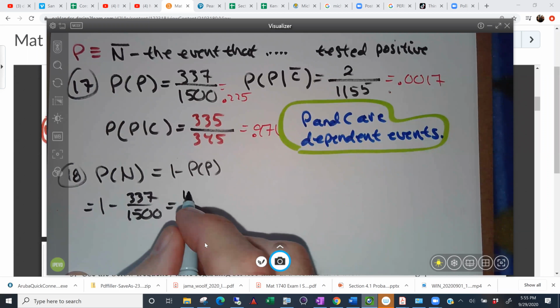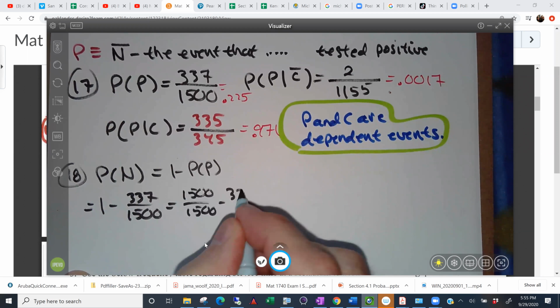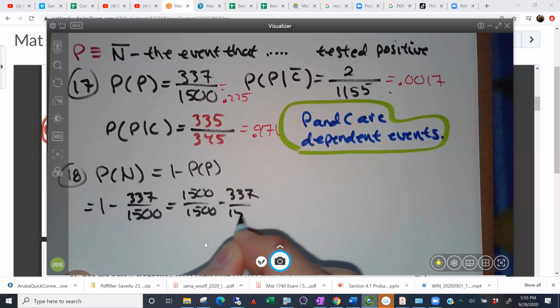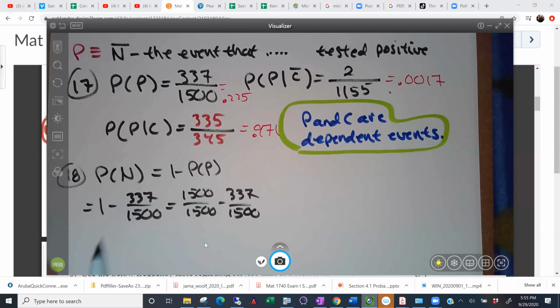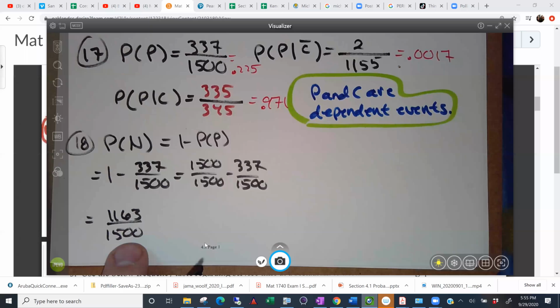So that'd be 1500 over 1500 minus 337 over 1500, or 1163 over 1500. So that's the probability of a negative test.